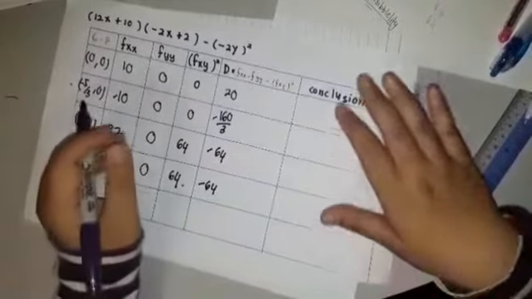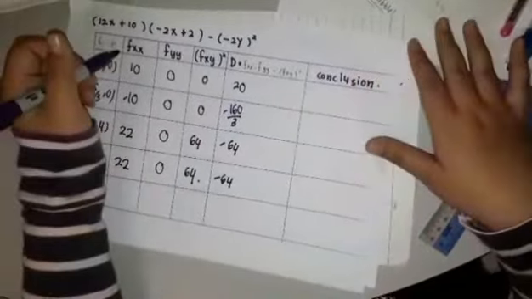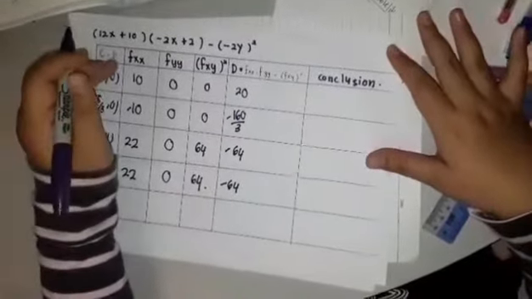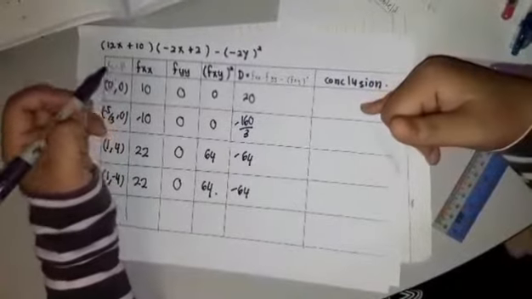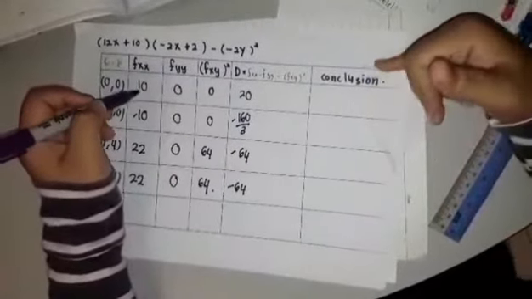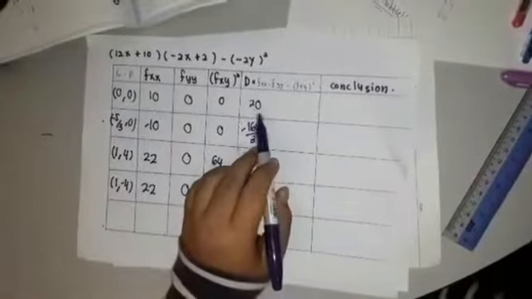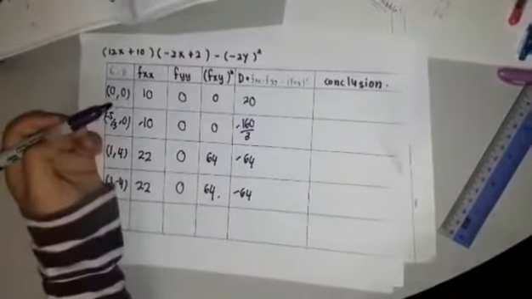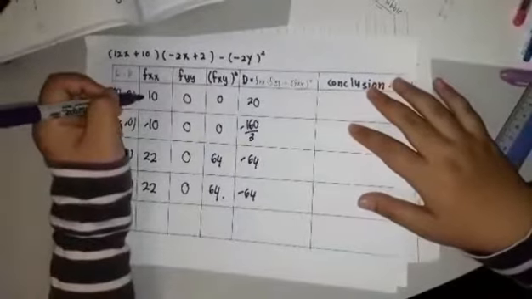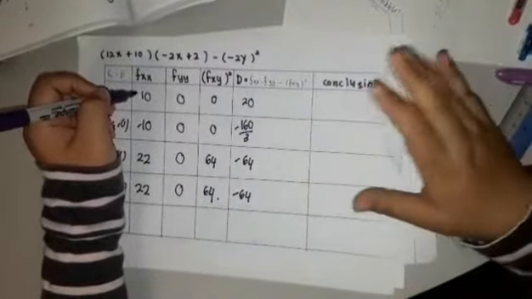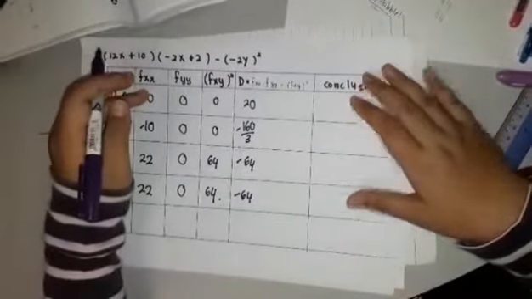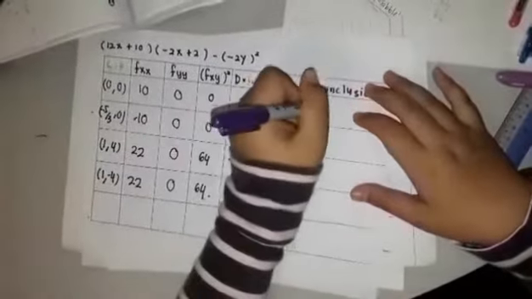And for the conclusion, we have two possibilities for the fxx. If D is positive, we get two possibilities. When fxx is positive, the conclusion is a minimum point.